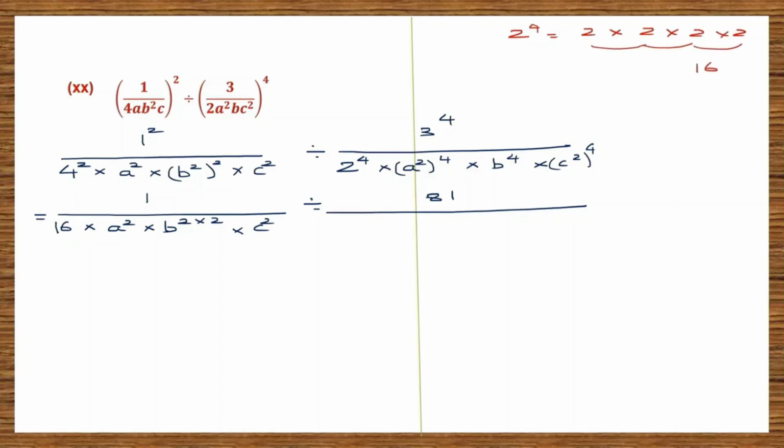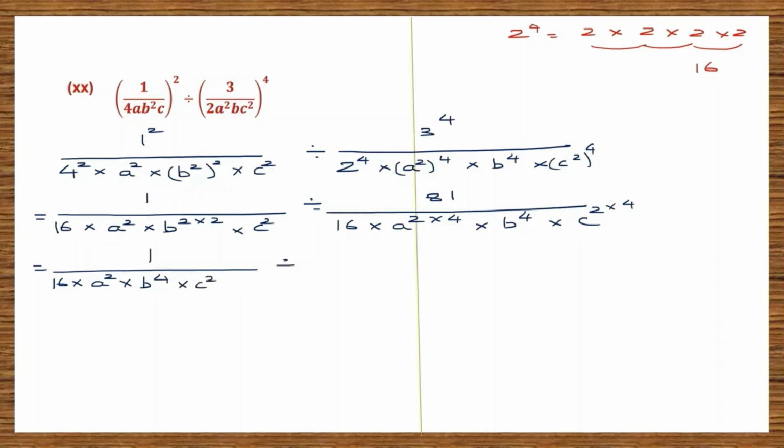So in the denominator, we have 16 into a to the power of 2 into 4, into b to the power of 4, into c to the power of 2 into 4. So this is equal to 1 by 16 into a to the power of 2, into b to the power of 2, 2s are 4, into c to the power of 2.